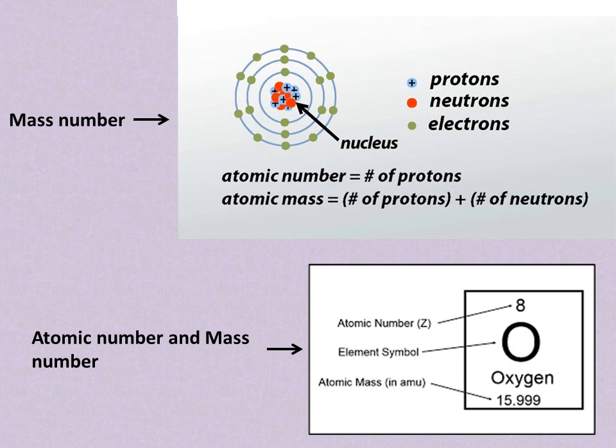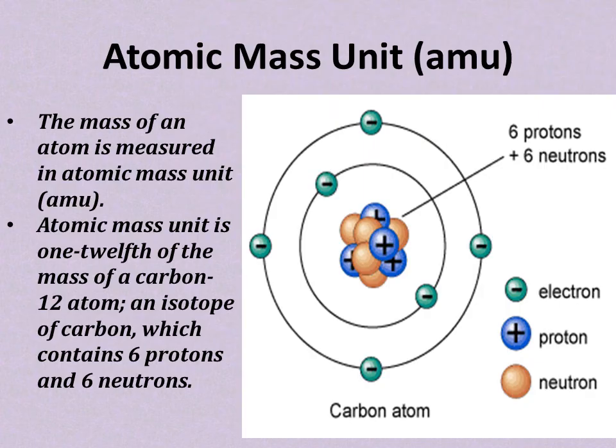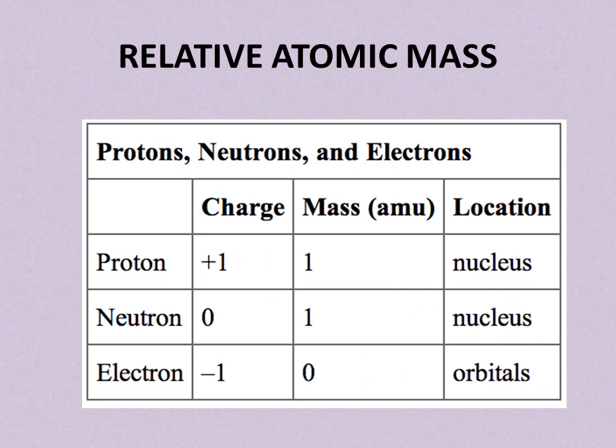The mass is measured in atomic mass unit, AMU. Atomic mass unit is 1/12 of the mass of a carbon-12 atom, an isotope of carbon which contains 6 protons and 6 neutrons. Here we learn that atomic mass or mass number is obtained from the total number of protons and neutrons.